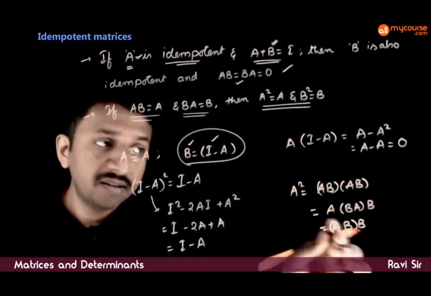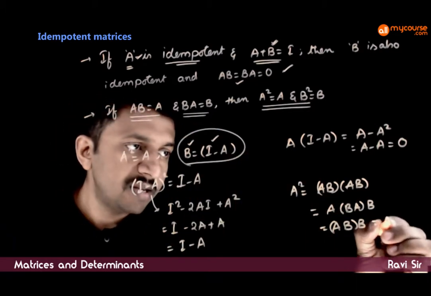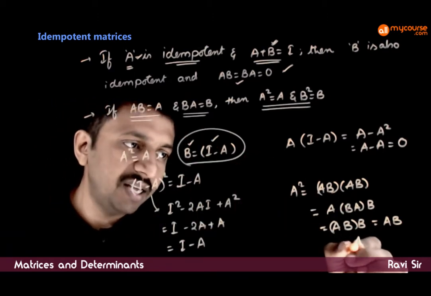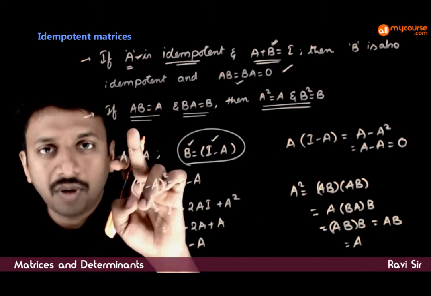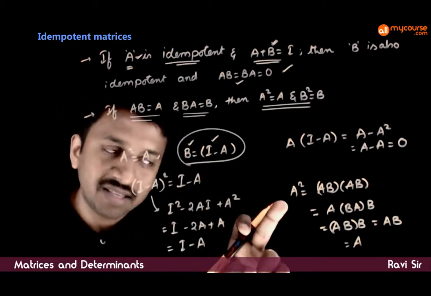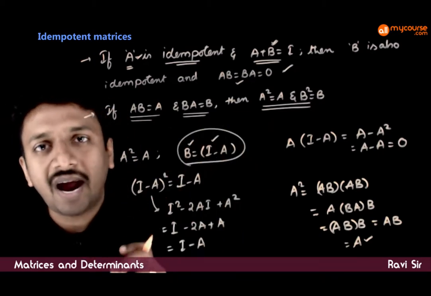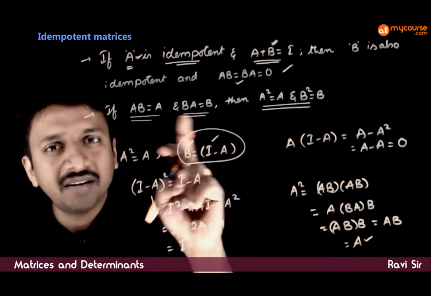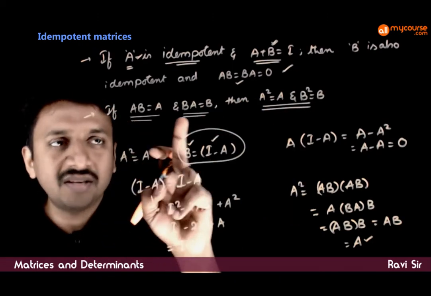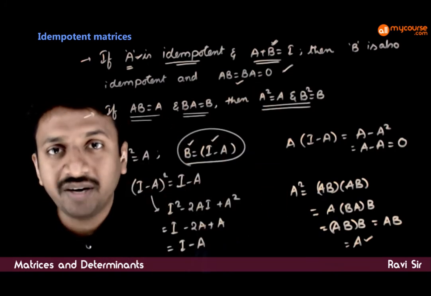If I place a bracket here, AB is equal to A, so this is equal to AB, and AB is finally equal to A. So AB is equal to A and B square is equal to B implies A square is equal to A. That means A is an idempotent matrix. A similar derivation can be done with respect to B also. So if AB is equal to A and BA is equal to B, then A and B are idempotent matrices.